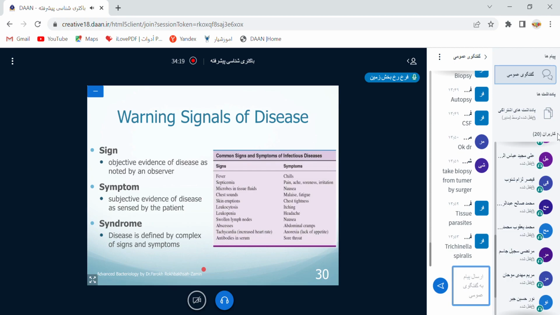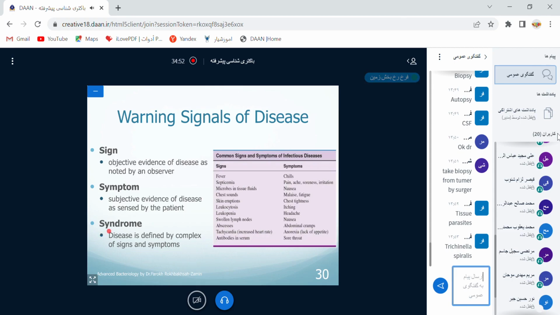Because you know diabetes, thalassemia, migraine, and many other diseases are not infectious and are not transmitted from one person to another. Okay? So anytime in this course we talk about disease, we mean infectious disease. We don't talk about non-infectious disease.